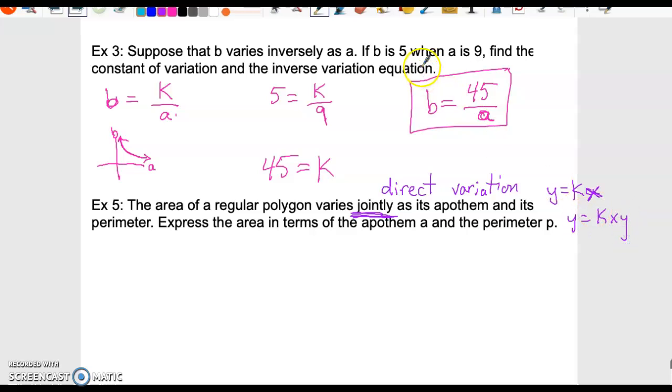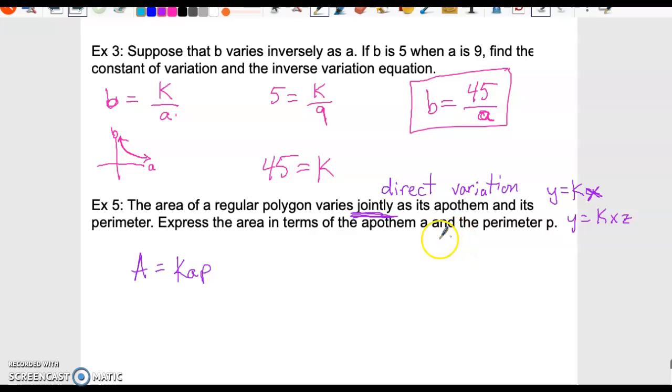So not y. I am struggling right now. It's been a long day. Anyway, this would be y varies jointly to x and z, the way I have it written there. Okay, so the area of a polygon, A, varies jointly, so k, and then as the apothem and its perimeter, so A equals k times a times P.